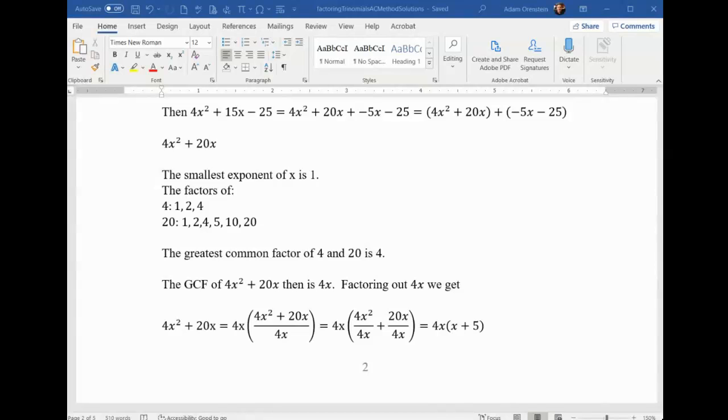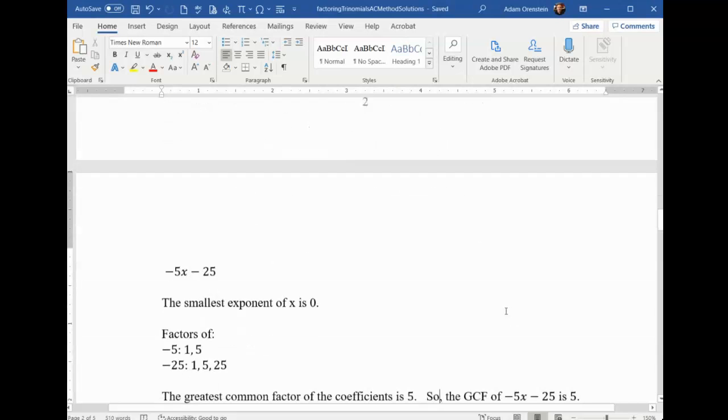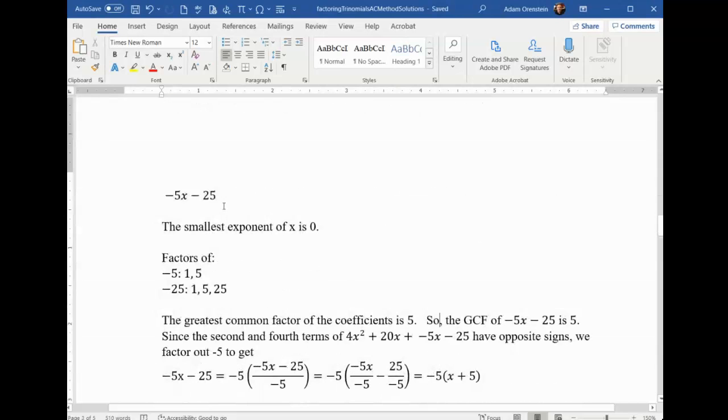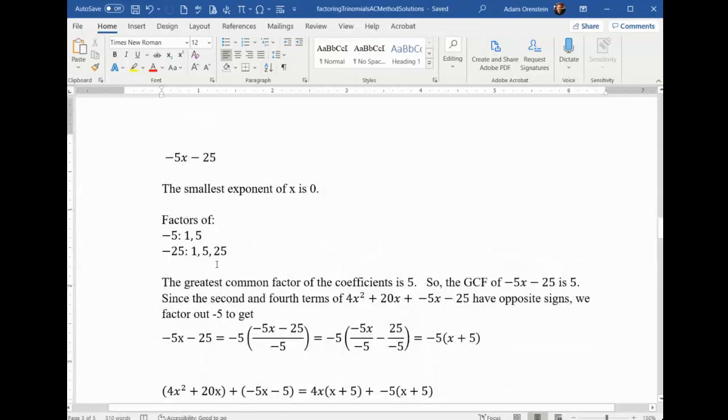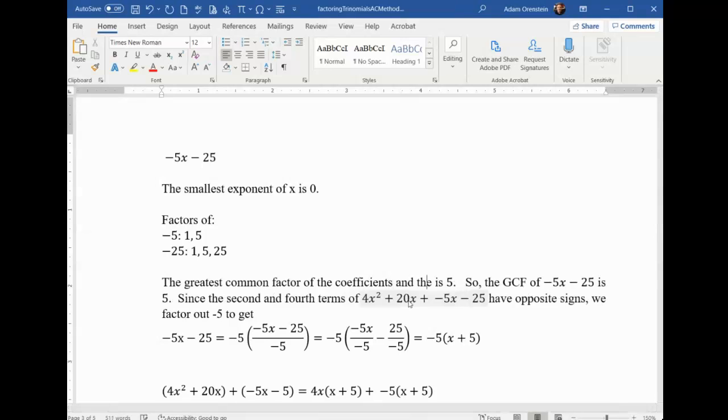Okay, so let's now handle the second group. Here we can see that the smallest exponent of x is 0. Let's look at the factors of negative 5 and negative 25. We can see that the greatest common factor among the coefficients and the constant term is just 5.